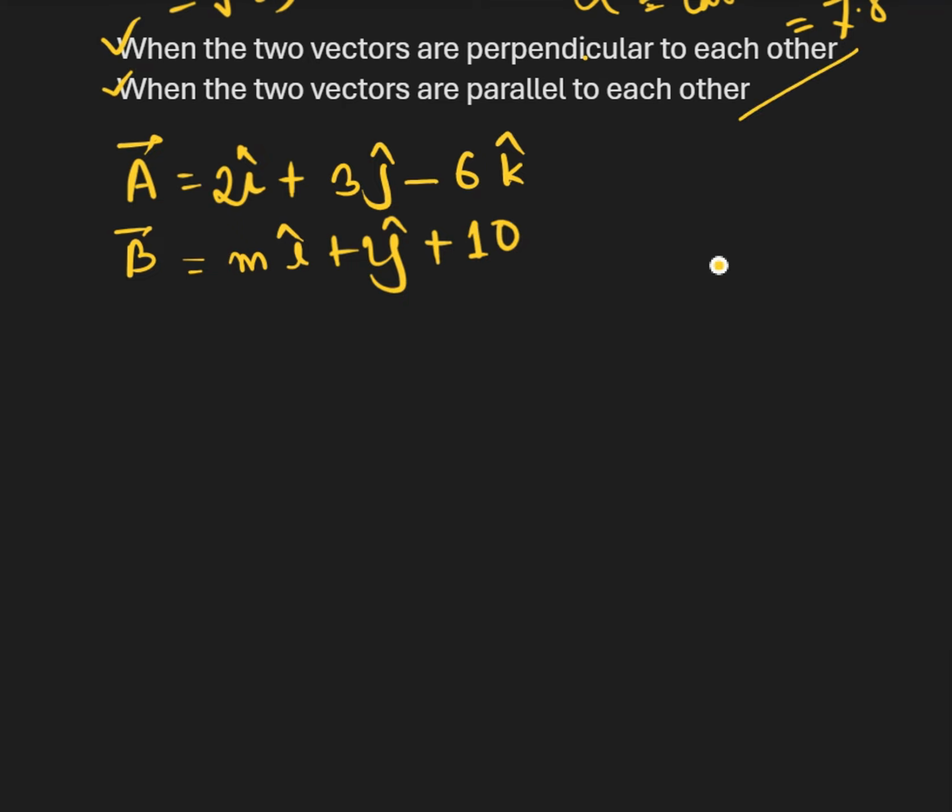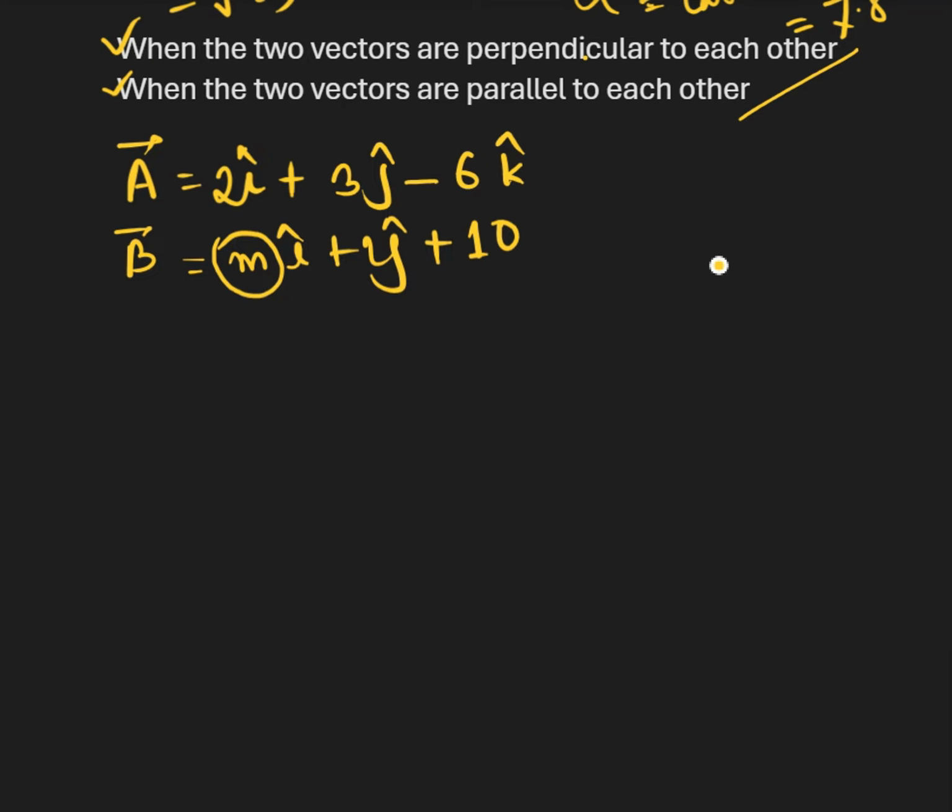At the same time, we could solve the value of m. In this sort of problem, there might be a given condition, like when two vectors A and B are perpendicular, then find out the value of m.